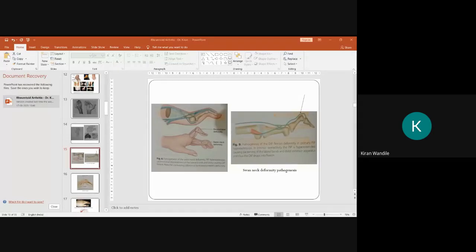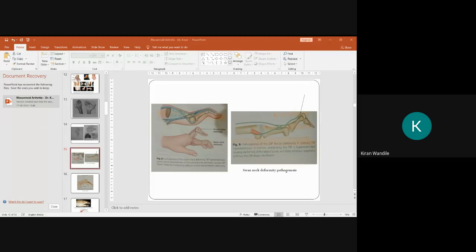Due to this tightness of the intrinsic muscles from the metacarpophalangeal joint, they pull the proximal interphalangeal joint into hyperextension. And also there is damage to the volar plate. The volar plate on the volar aspect of the PIP joint is destroyed due to synovitis of the PIP joint.